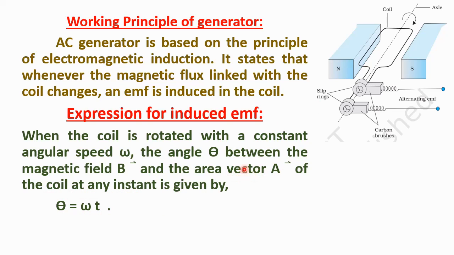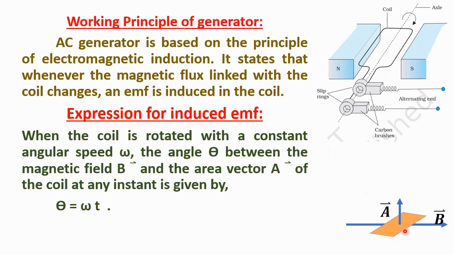So this magnetic field is directed from north pole to south pole, from left to right, and this area vector means a vector which is normal to the plane of this coil. In this position of the coil, the area vector which is normal to this plane will be vertically upward, so in this direction, so that it makes an angle 90 degree with the magnetic field.